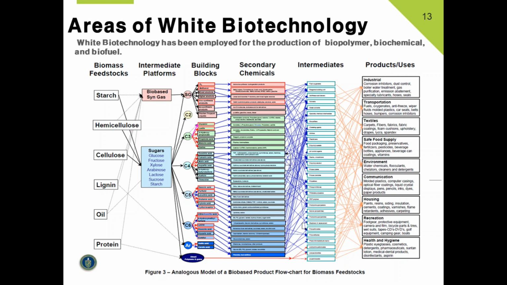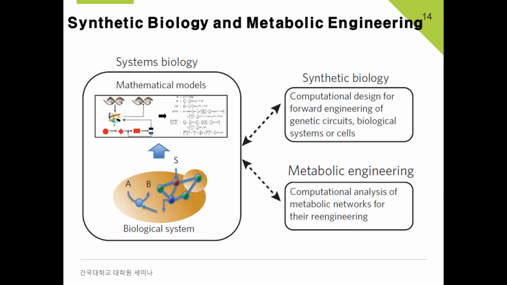And we have oil and proteins. The intermediate platforms are bio-based syngas and the sugars from the biomass. And then the building blocks are the platform chemicals produced from them.